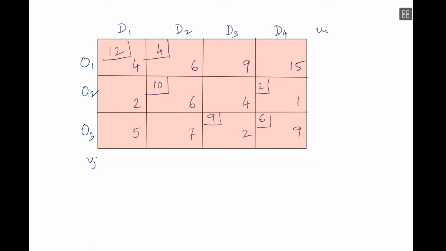Again we find the cell evaluations. We choose U1 equal to 0, since in each row there are exactly 2 allocations.